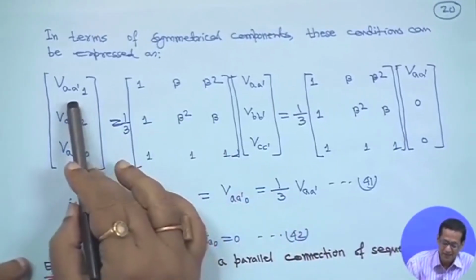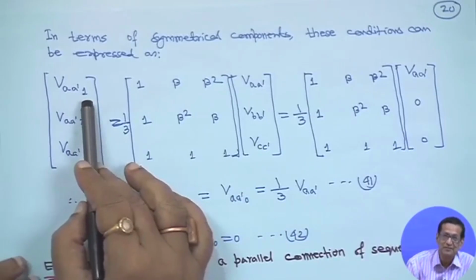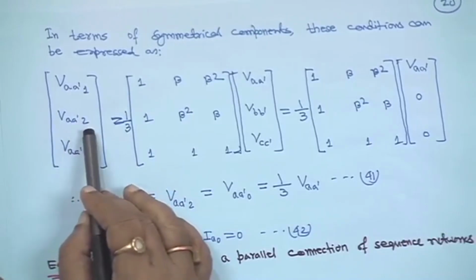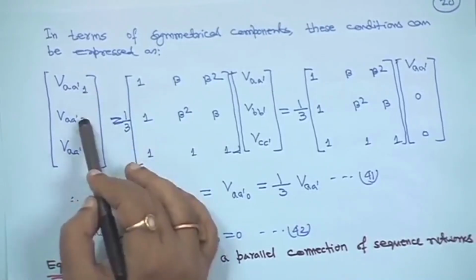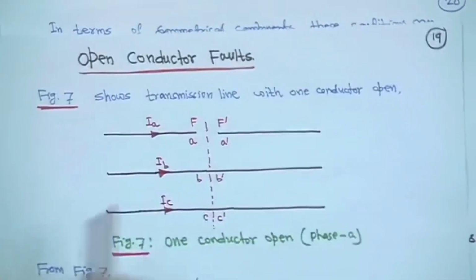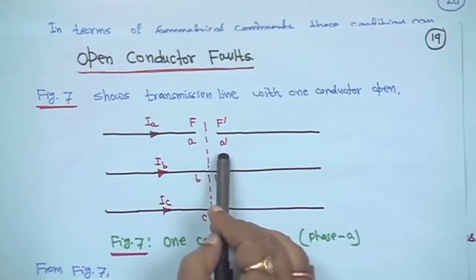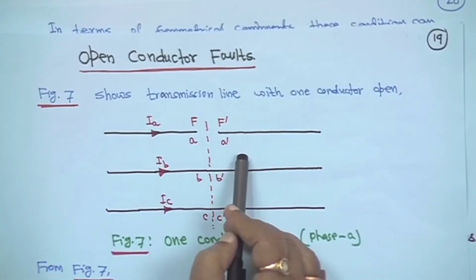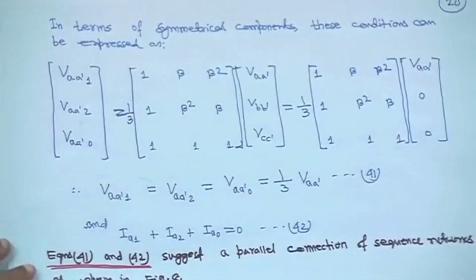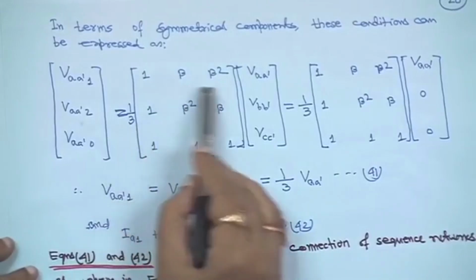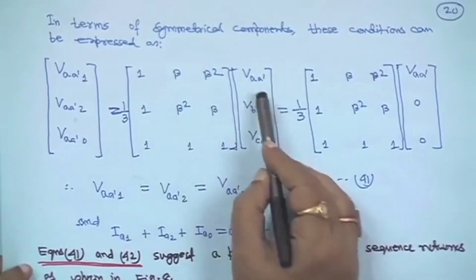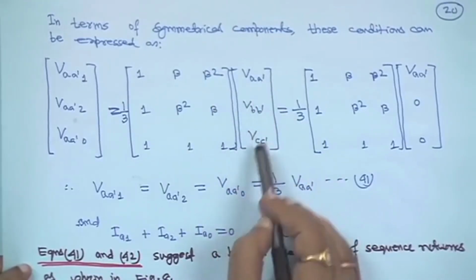For the open conductor case, the positive, negative and zero sequence voltages V A dash 1, V A dash 2, V A dash 0 are equal to 1/3 times the matrix [1 β β² / 1 β² β / 1 1 1] into V A dash, V B B dash, V C C dash, because we are taking the voltage V A dash equal to V A dash 1 plus V A dash 2 plus V A dash 0, right.